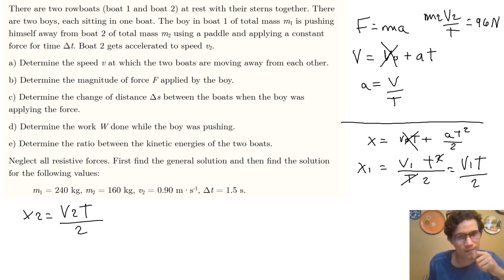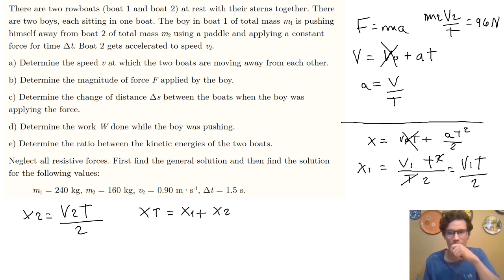But we are looking for the total distance, the change of distance between both boats. So again we have a total, in this case for distance: x1 plus x2. And we can replace: we have the time, which is 1.5, we have velocity 1, which we already found as 0.6, and velocity 2 of 0.9, multiplied by time.